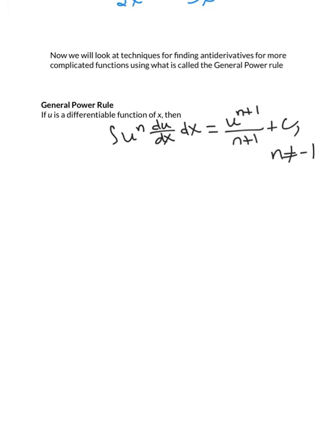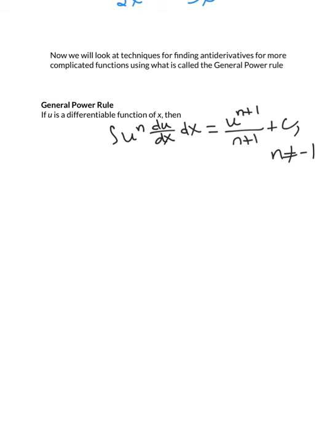Now we're going to look at techniques for finding antiderivatives for more complicated functions. We're going to use what's called the general power rule, and what we're going to be using this for are functions that we would have used the chain rule to find the derivative.